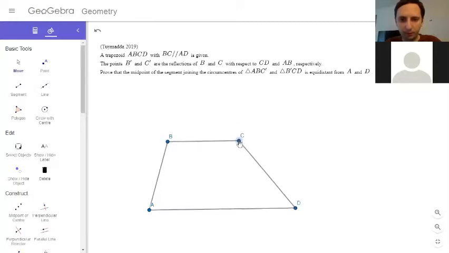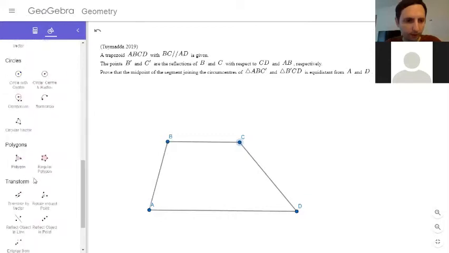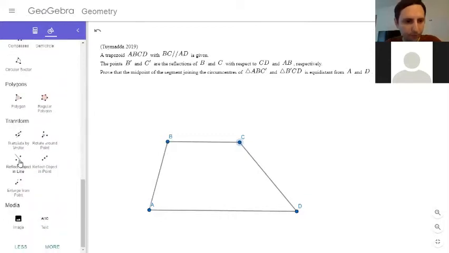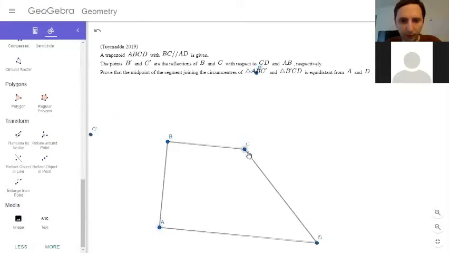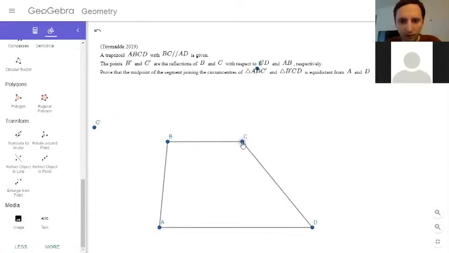All right, let me reflect. That's B prime and C prime. So let's make it so that we can see them.